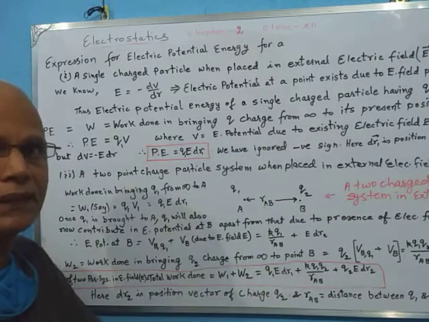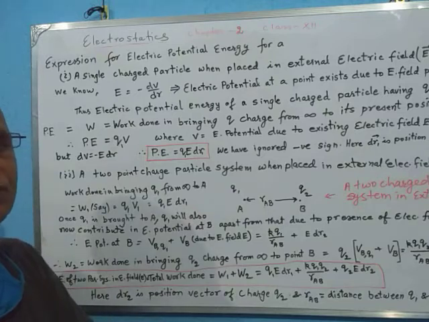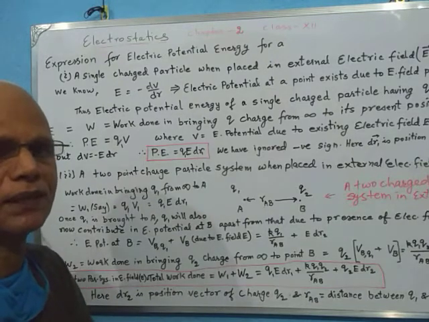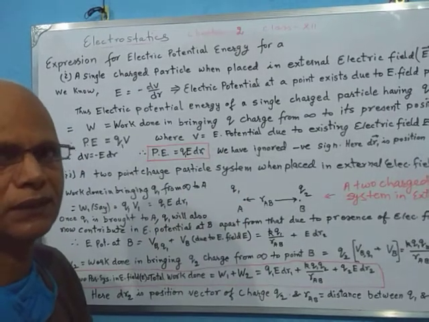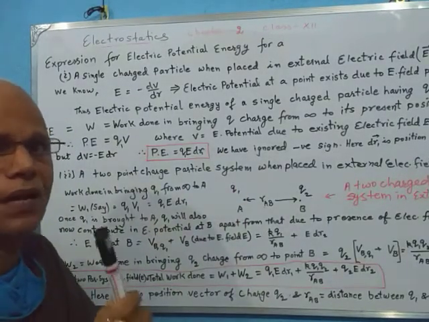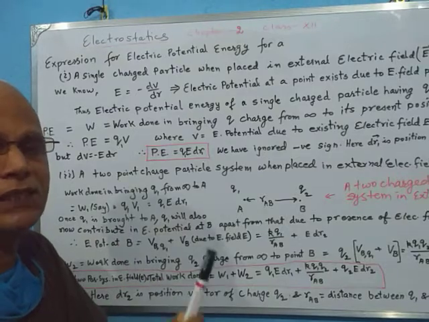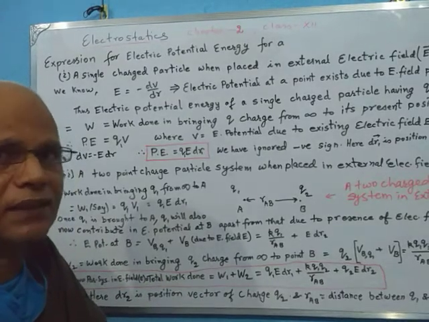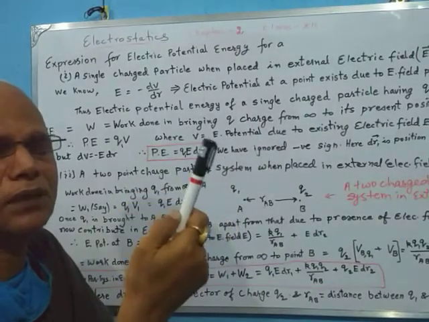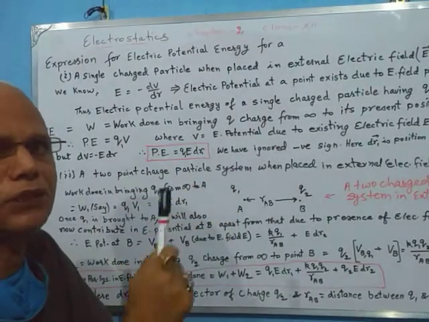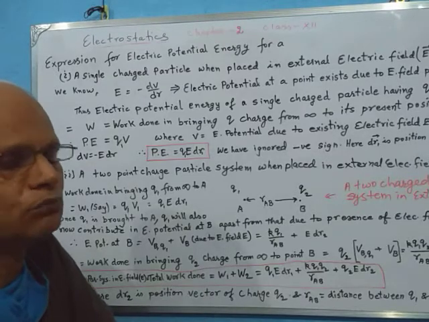But in this case the electric field exists there, so wherever we bring a charge particle, say Q1, from infinity to its location in the electric field, there already exists some electric potential, and that's why when we carry a Q1 charge from infinity to that point, we need to do some work.